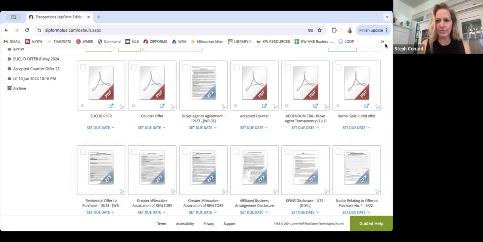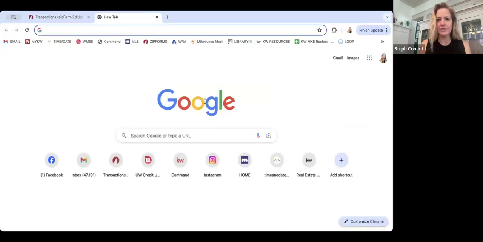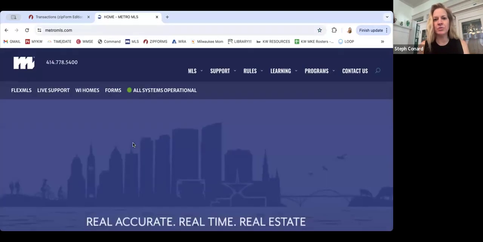Okay, well, let's get to the addendum S. I'm going to show you where you're mostly going to find it as a buyer's agent. The documents that you need to complete an offer to purchase are usually going to be found in the MLS.